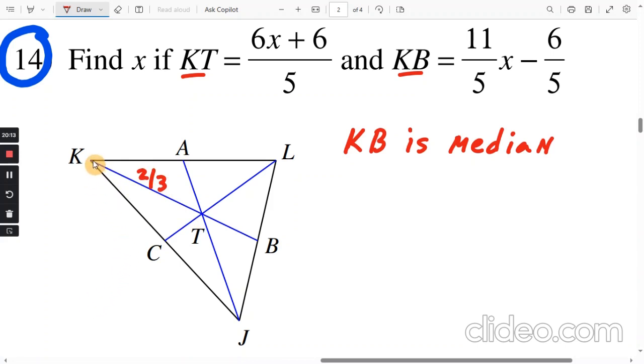We said vertex to centroid is 2/3 of the whole thing. So this portion right here, from K to T, that's going to be 2/3 of the whole thing. All right, so KT is going to equal 2/3 of KB.